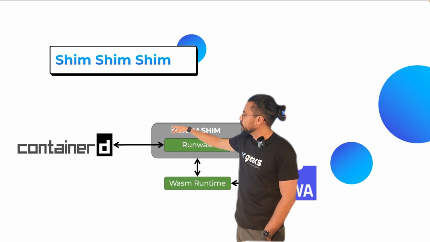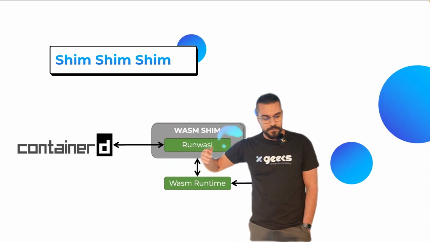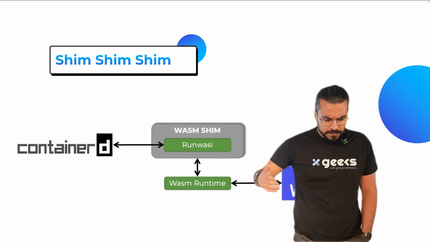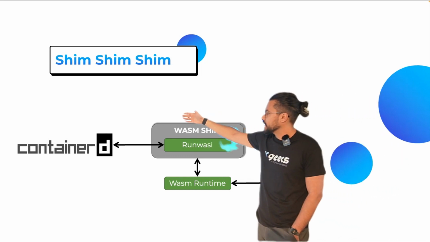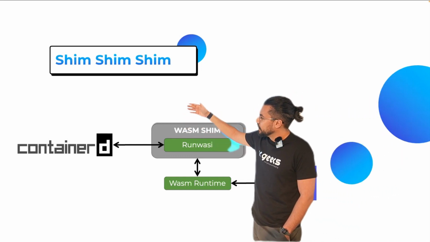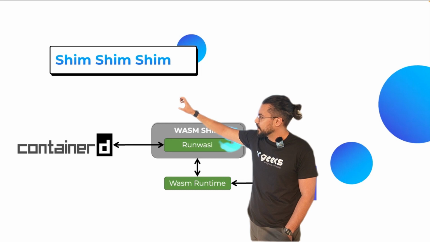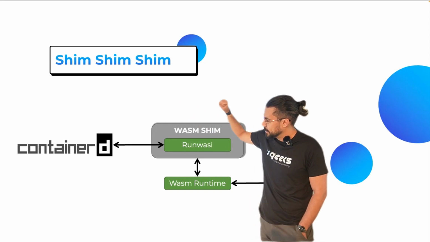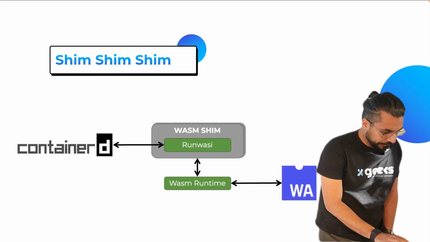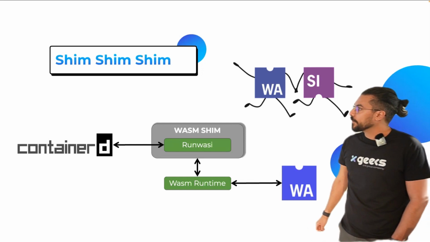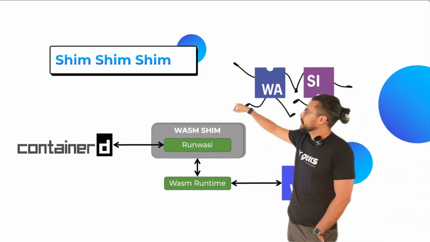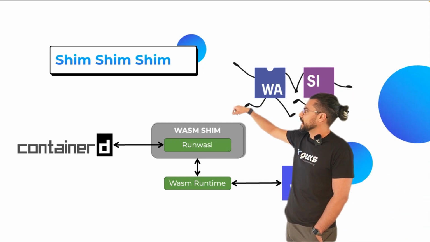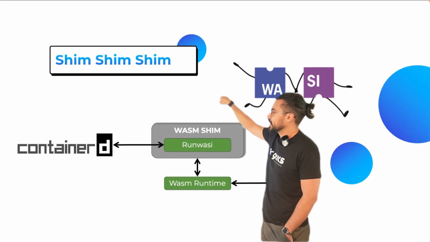And it's all thanks to runwasi, which is a library that you can use to create this process, the WASM shim, to interface and interact containerd with the WASM runtime. And, okay, I put this here so that you guys can understand that developers can't do logos. So, runwasi, okay.